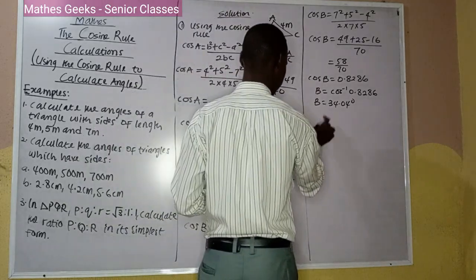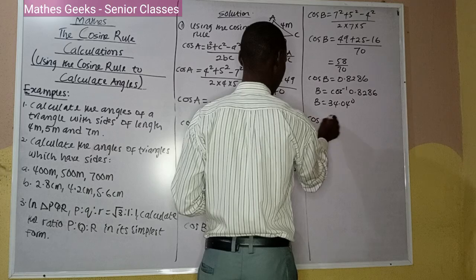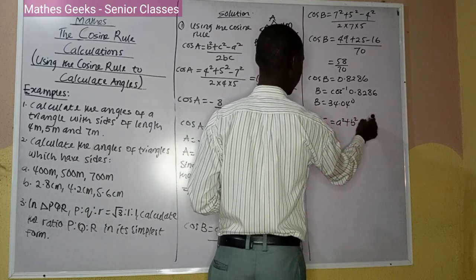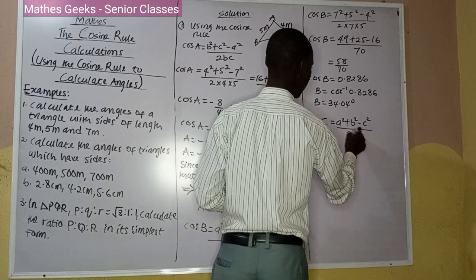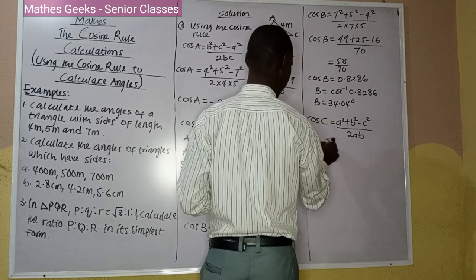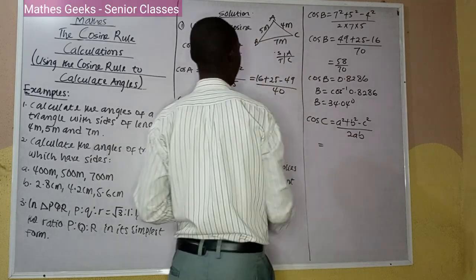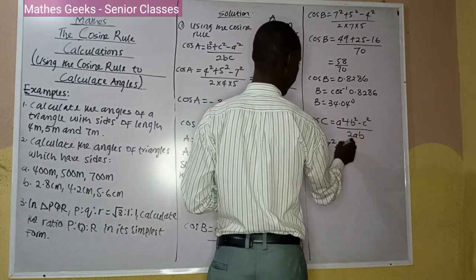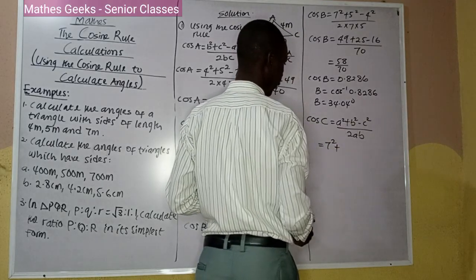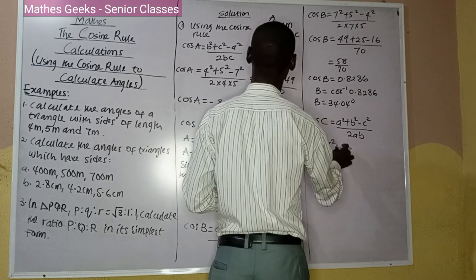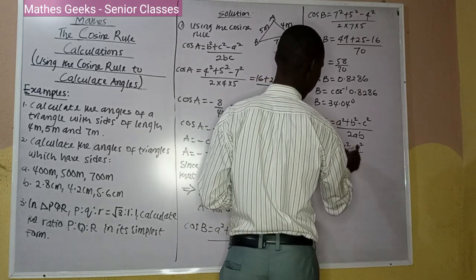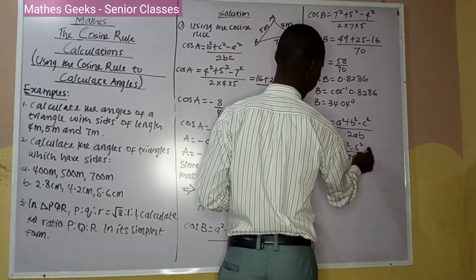So angle C. Cos C equals A squared plus B squared minus C squared over 2AB. This will give me 7 squared plus 4 squared minus 5 squared over 2 times 7 times 4.